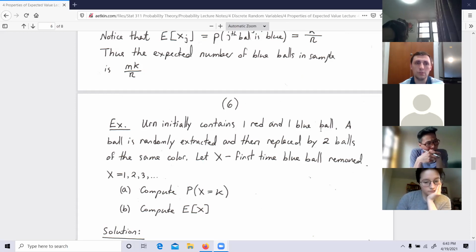The probability that I will remove it for the first time on trial number 100 is unlikely, right? You understand, guys? For the first time.